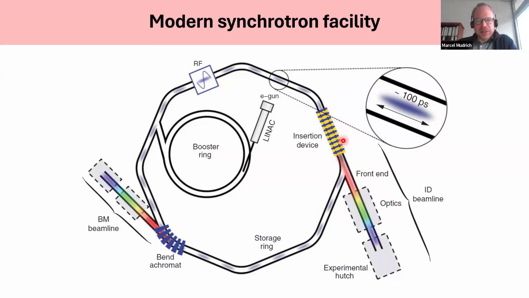The main synchrotron radiation sources are these undulators, but even just bending magnets, where the electron beam is bent around the corner, are still used as synchrotron light sources, which typically have a very broad spectrum.